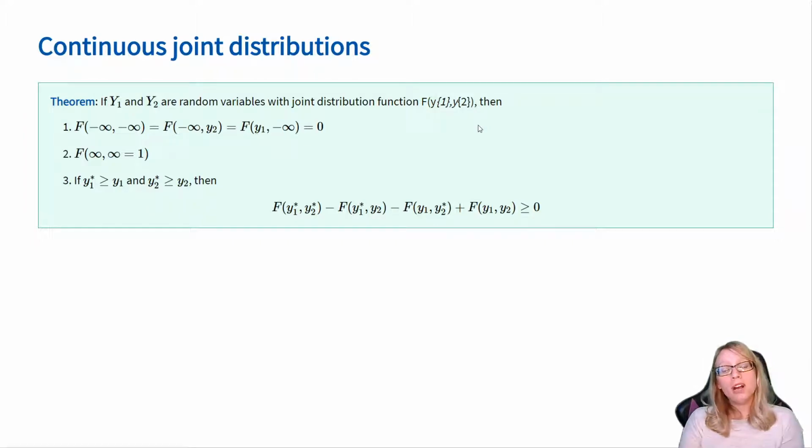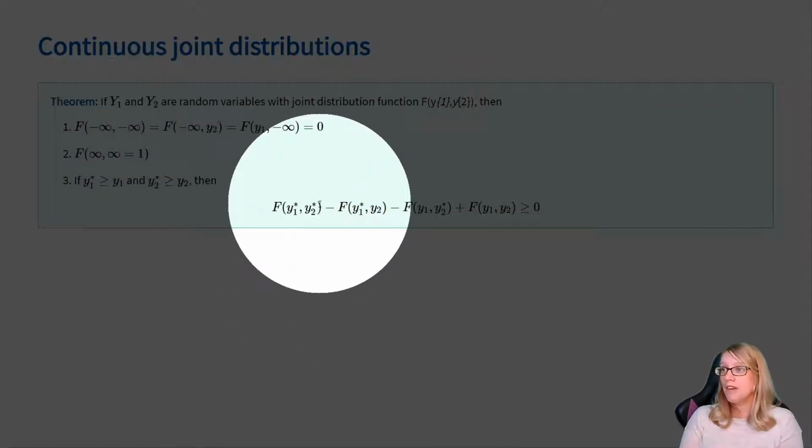The third characteristic, 3, is actually something we'll talk about together in a group, but I do want to define it here. So let's say that y1 star is greater than or equal to y1, and y2 star is greater than or equal to y2. In order for a joint distribution function to be valid, this inequality must be satisfied.